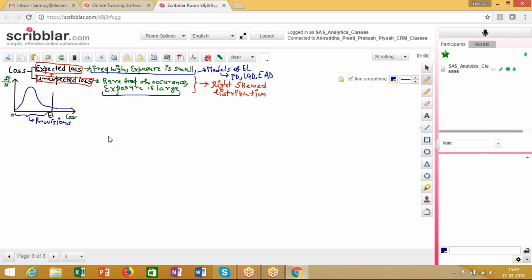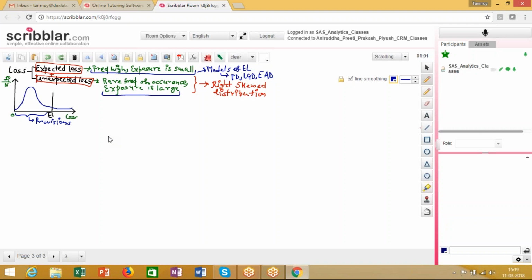Clear. So this is one example of a right skew distribution in the domain of risk. So the bank's loss distribution itself is an example of a right skew distribution.